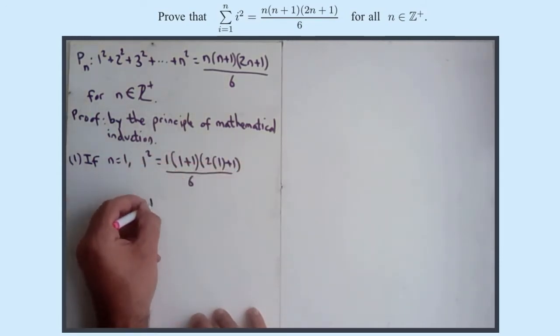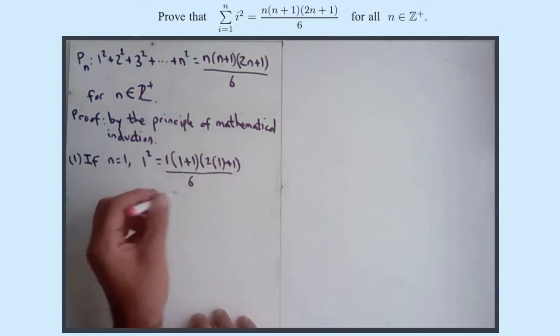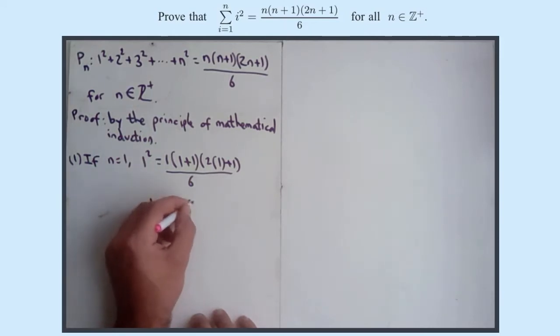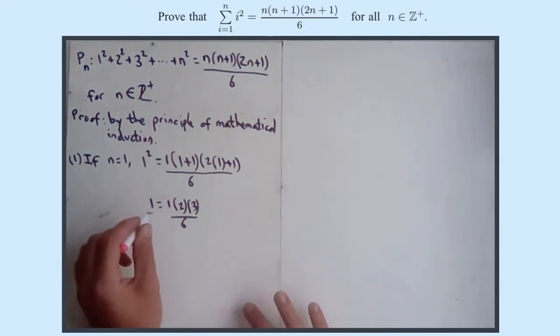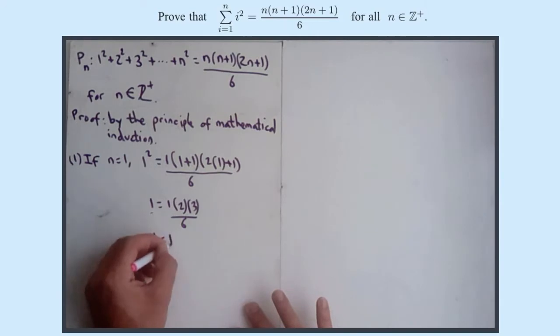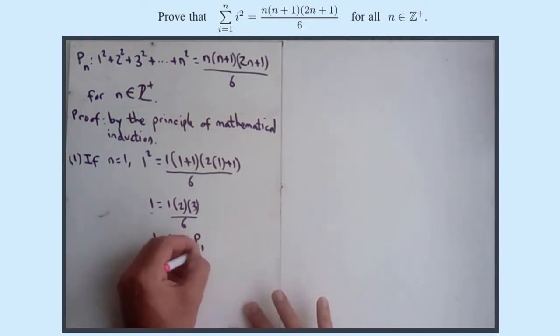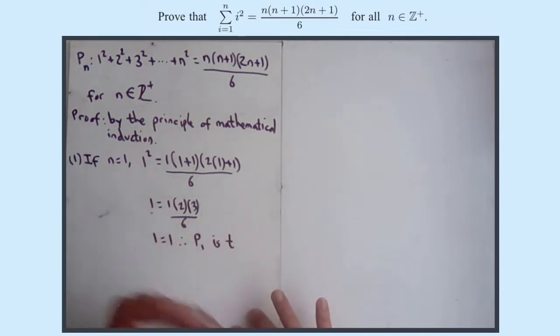Well, 1 squared is 1. This is 1 times 2 times 3, since 2 times 1 is 2, plus 1 is 3. So this is 1 times 2 times 3 over 6, which is 6 over 6. Does 1 equal 6 over 6? Yes. 1 equals 1, which means P1 is true. So the proposition is true when n equals 1.